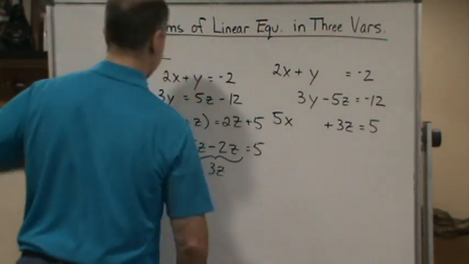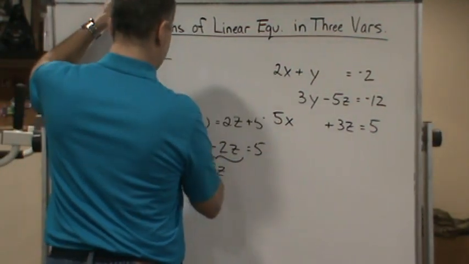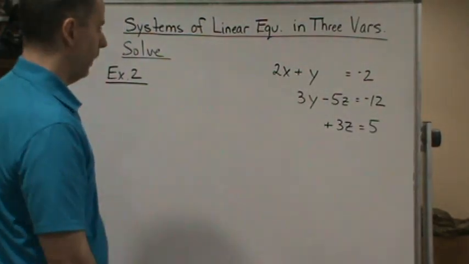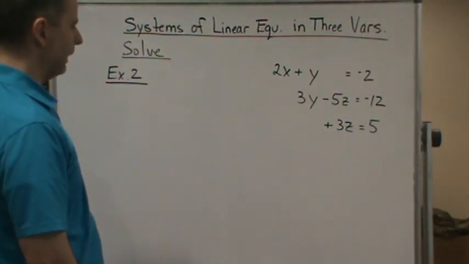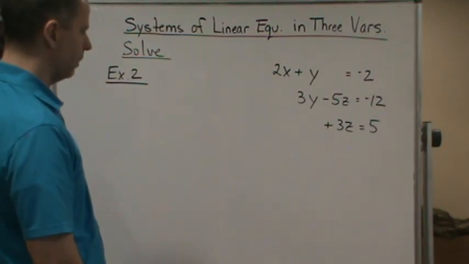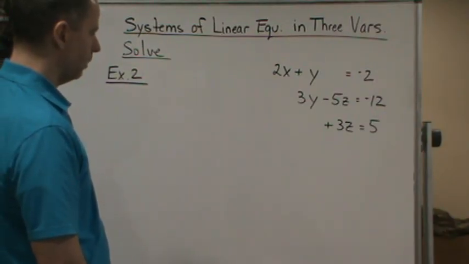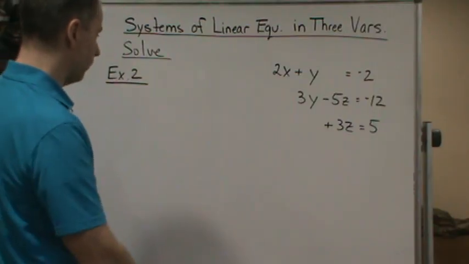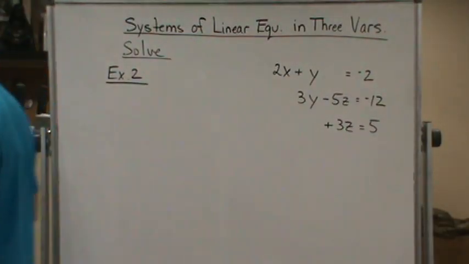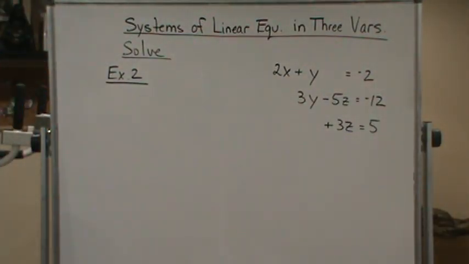So now I can solve these, right? So now in this case here, oh, I messed up. I accidentally erased, so it should be 5x.